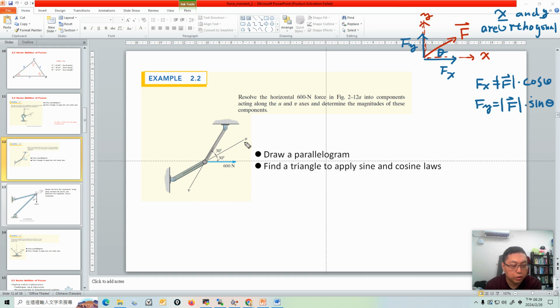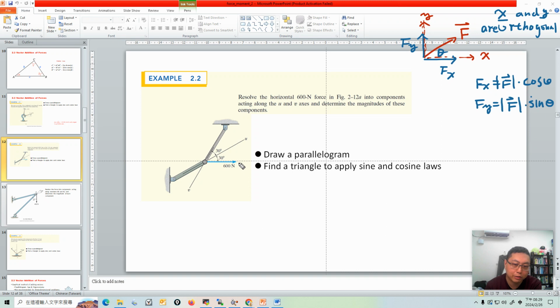If they are not orthogonal and you want to use the previous decomposition method, I'm not saying it's not doable, but it will take a very long time. So when you do force decomposition in a non-orthogonal coordinate, we should use this analysis.